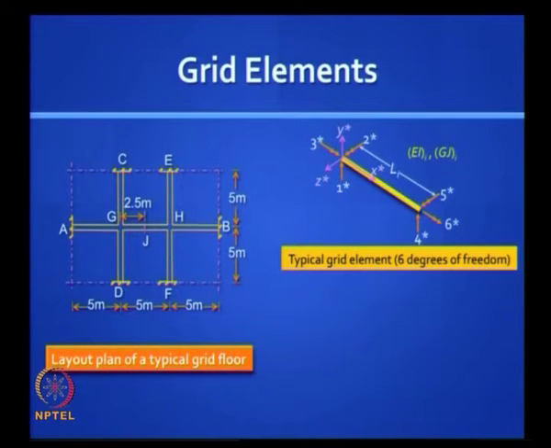But this is a spatial structure because the loads are acting perpendicular to the plane of the grid, and in general the axes in the global Cartesian coordinates will not be the same as the ones for the local coordinates.